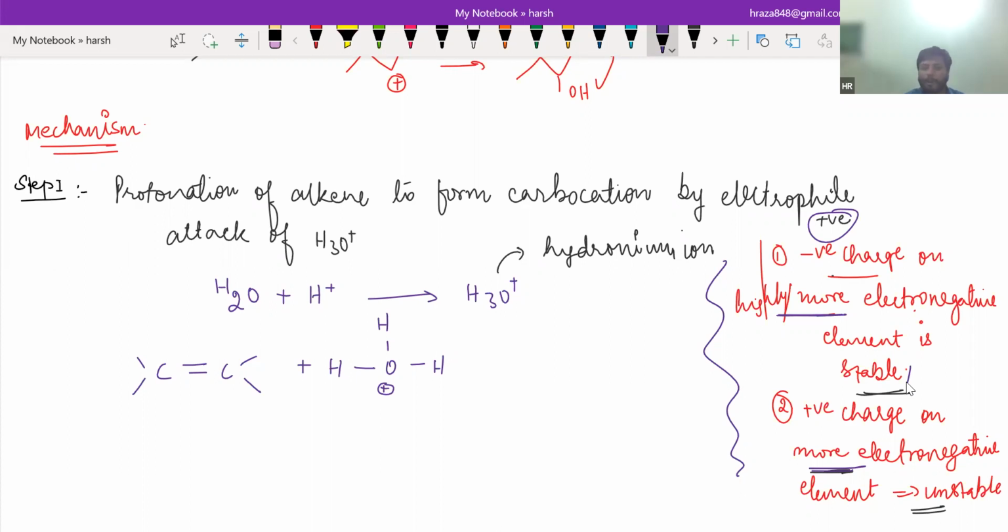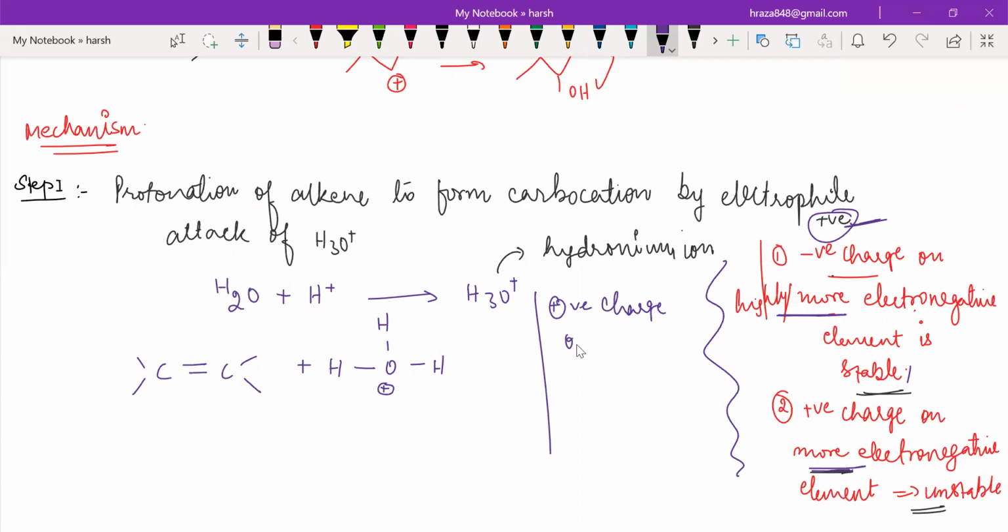Yes, I'm again sir. repeating. There is positive charge on less electronegative element, unstable, stable. Positive charge, I'm going to write it. Positive Yes, sir. You charge, can write, sir. positive Less charge electronegative. on less electronegative. Unstable.